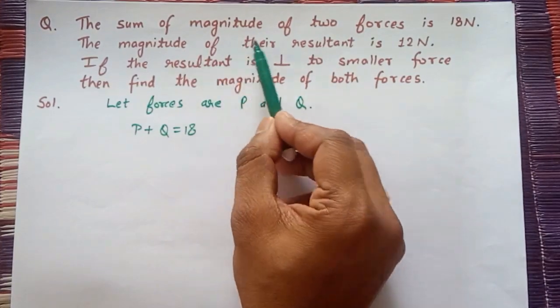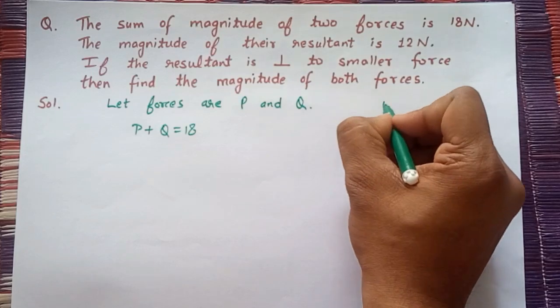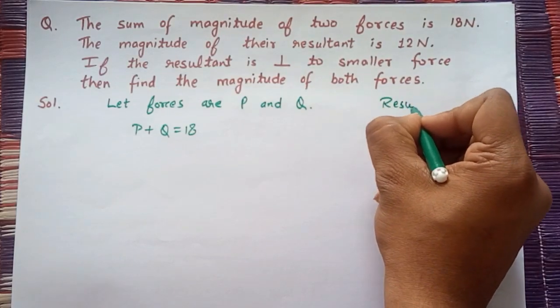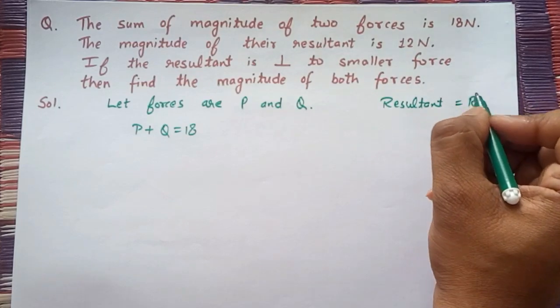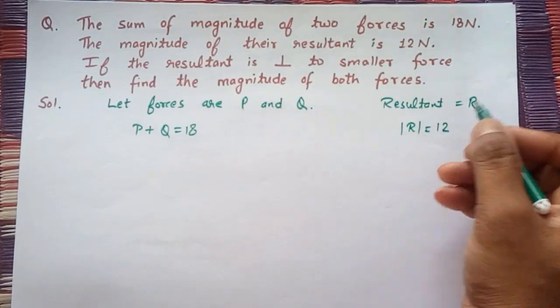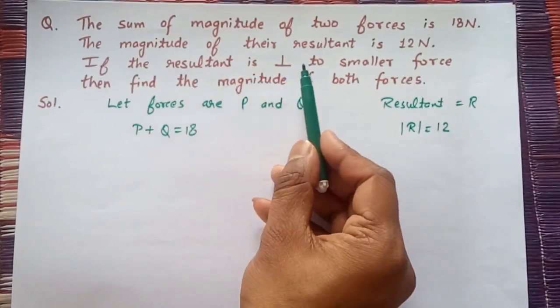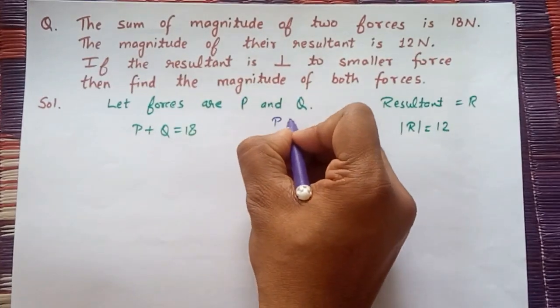Now the magnitude of their resultant is 12 Newton. Let their resultant be R, and the question is saying that mod of R is equal to 12. If the resultant is perpendicular to the smaller force, let P be smaller.